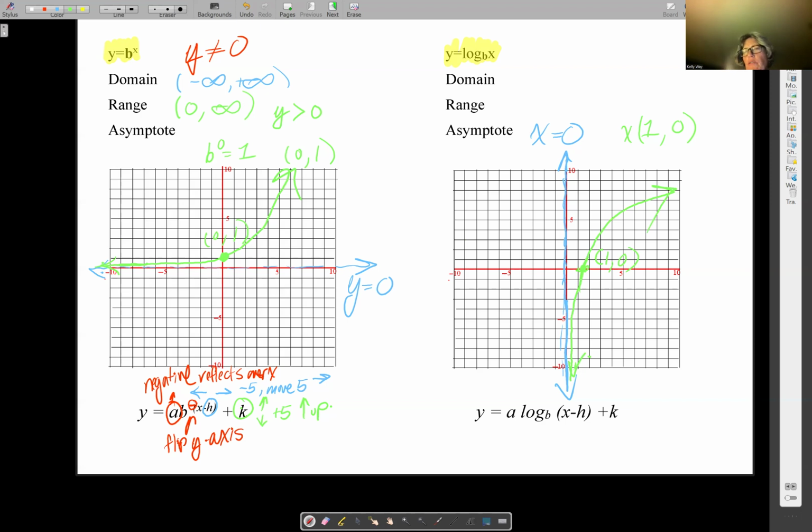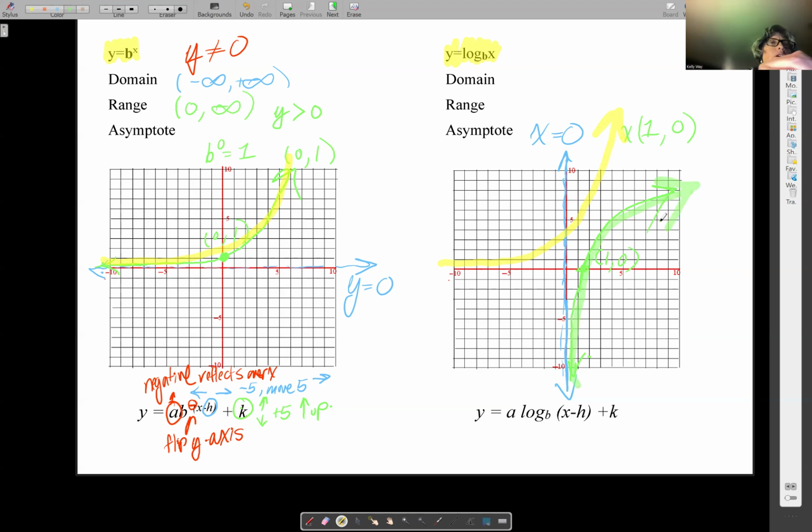Let me add the parent function here for exponent, parent function of logarithm. So parent function of the exponent is like this. Parent function of the logarithm is like this.